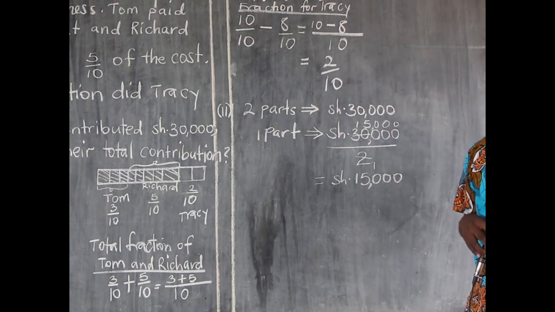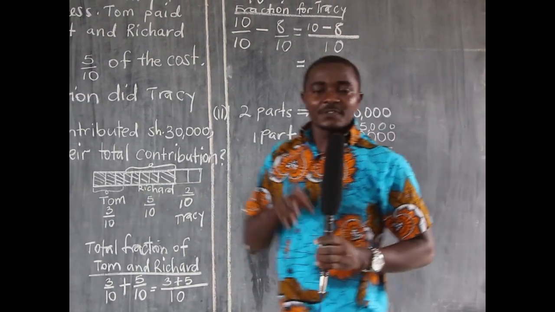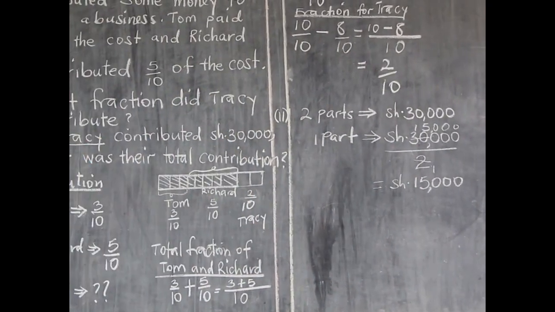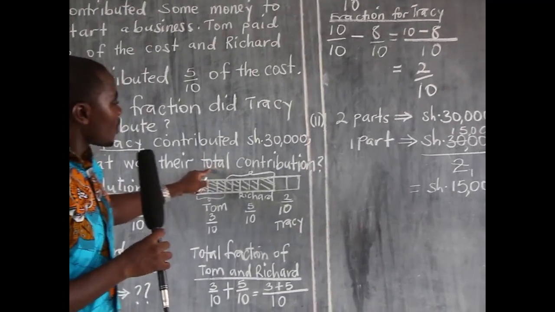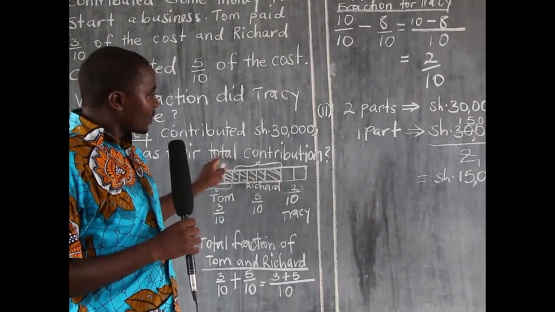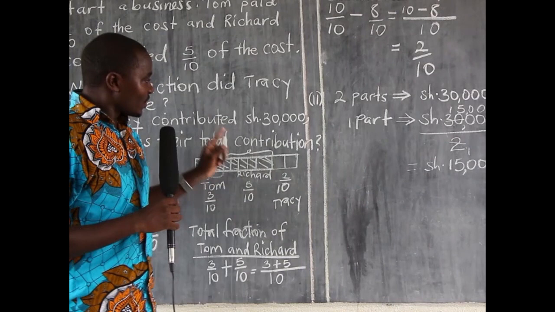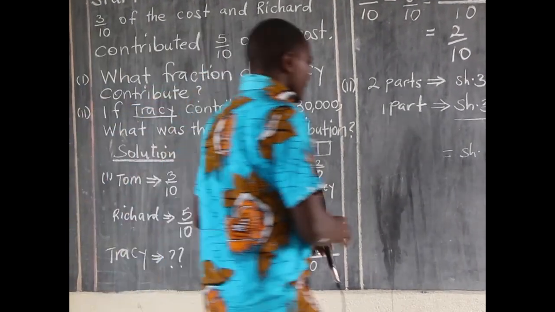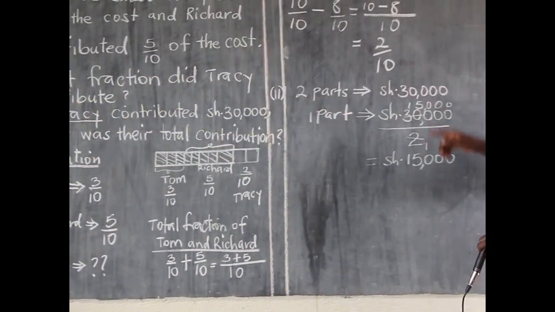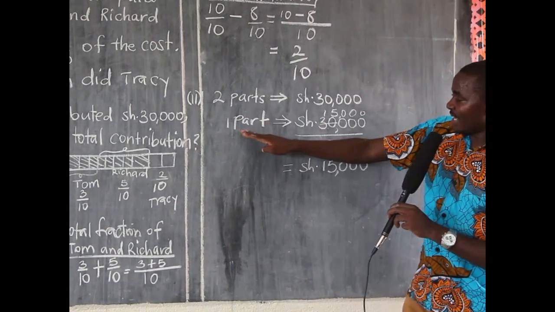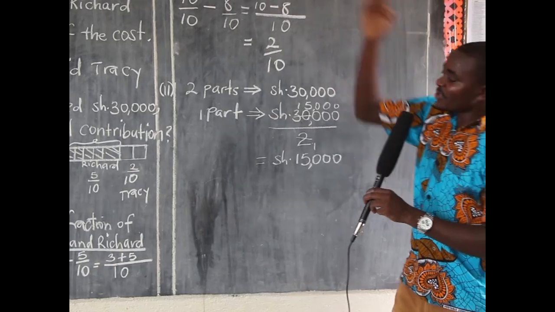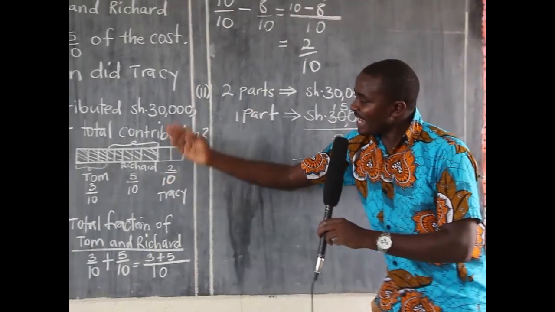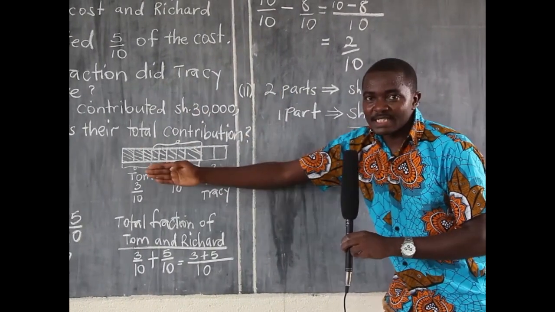Are we together there? So if one part represents 15,000, now we are supposed to have the total contribution. The two parts represent 30,000. One part represents 15,000. But the total contribution is represented by the 10 parts.